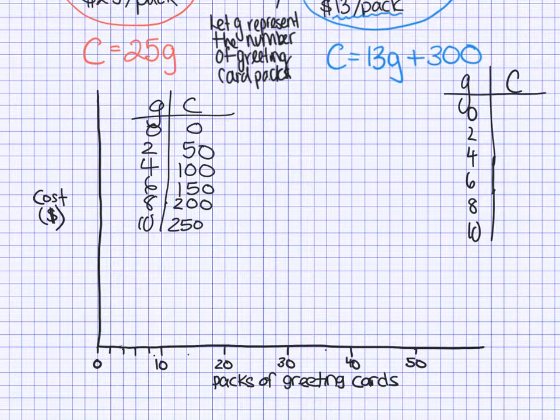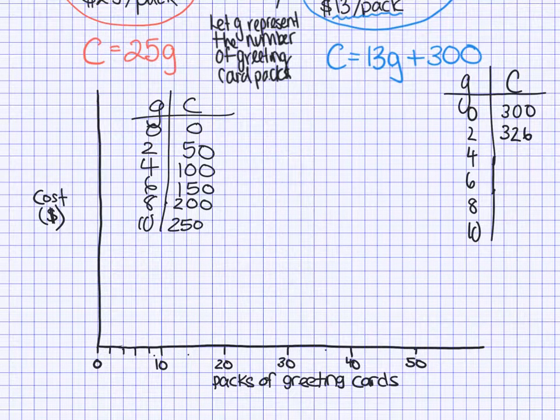Now I'm going to do the same thing for the other one, which is obviously the trickier one. This one's your cost to buy them. So if I don't buy any greeting cards, it's still going to cost me $300. If I buy 2 greeting cards, 13 times 2 plus 300 is 326.